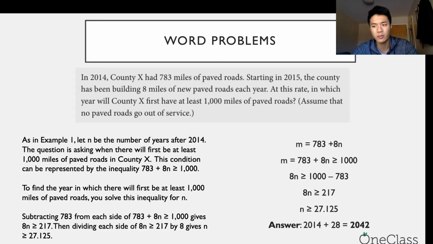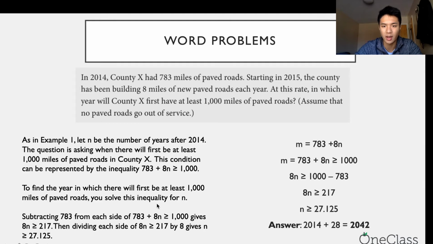27.125. Now, the important thing to note here is that the setup in the question stem is not exactly what point in time will there be 1,000 miles of paved roads, but rather what is the first year in which the county will have at least 1,000 miles of paved roads, right?